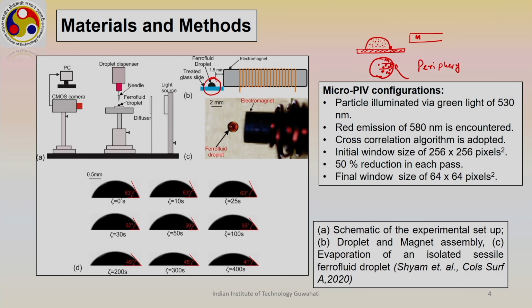The moment the droplet is dispensed on the substrate, we have a light source from the right. Light is taken to a diffuser, and this light is used to illuminate the droplet domain.